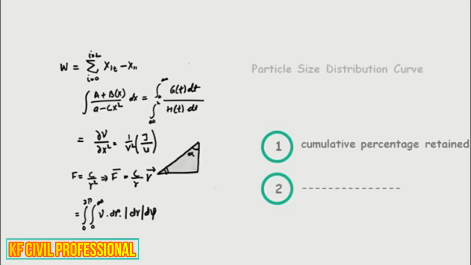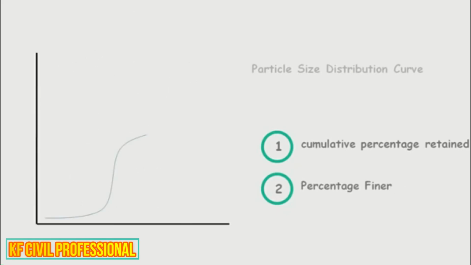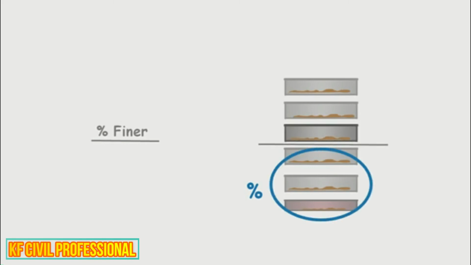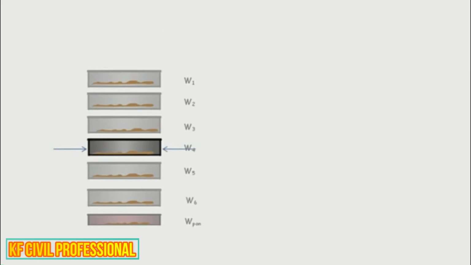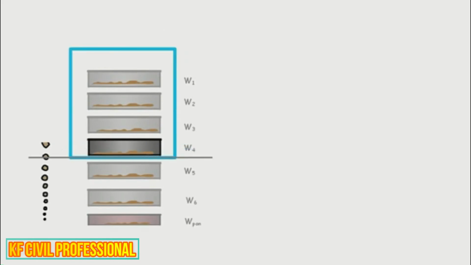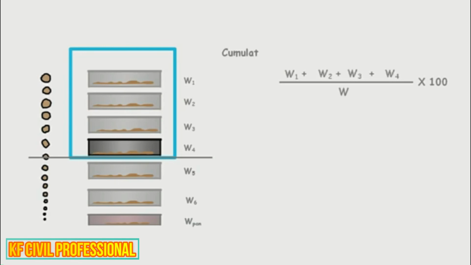Second value we calculate is percentage finer, using which we plot a graph called particle size distribution curve. Percentage finer, as the name suggests, is the percentage amount of soil which is finer than a particular sieve. Consider any sieve from the stack. The amount of soil above this sieve is coarser, and its total weight in percentage of total soil sample weight is cumulative percentage retained on this sieve.